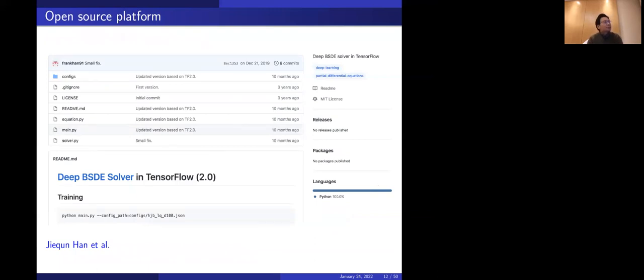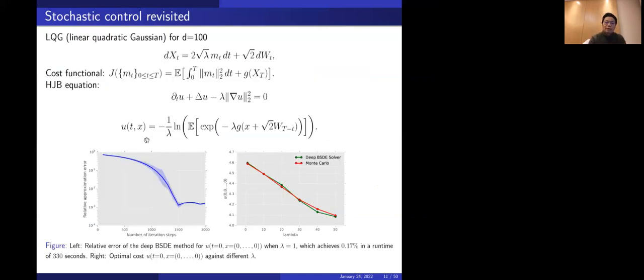Now, I should also mention that I think this is the very first deep learning based algorithm for solving PDEs. People have been using neural networks to solve PDEs in the 90s, basically using neural networks as the trial function in the setting of the nonlinear Galerkin method.